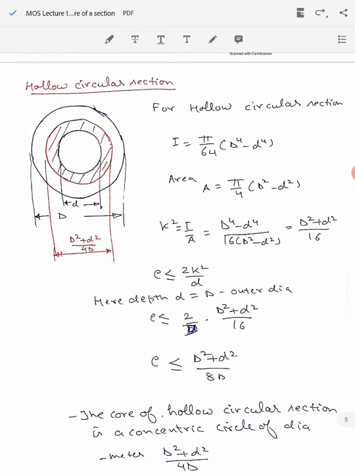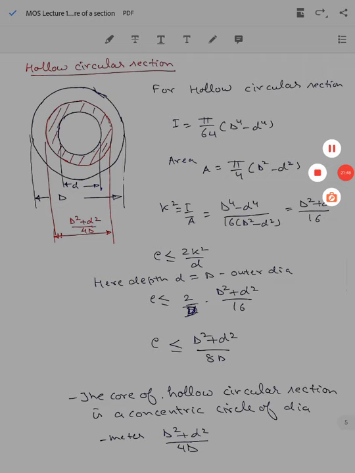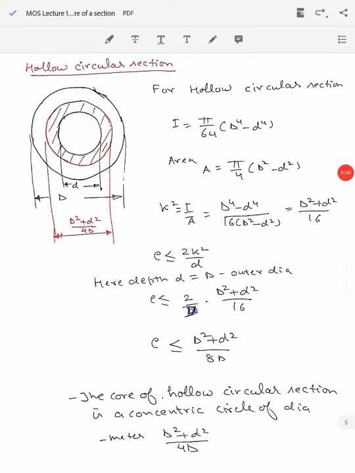As we have just done the calculation for the circular section, let's quickly do the calculation for the hollow circular section also. Here we have a hollow circular section whose external diameter is capital D and internal diameter is small d, and we know that for the hollow circular section the moment of inertia is given by pi by 64, D to the power 4 minus d to the power 4.